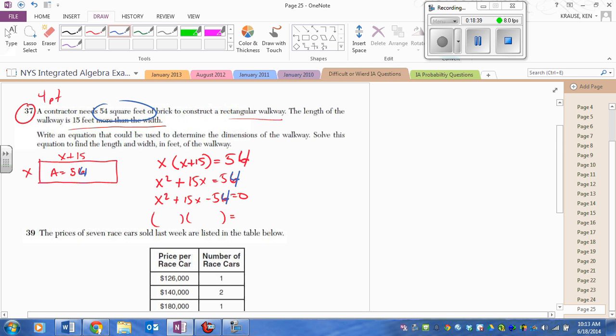So subtract 54 and factor. Divided by 3, oh, 3 and 18. How easy is that? So x plus 18, x minus 3.